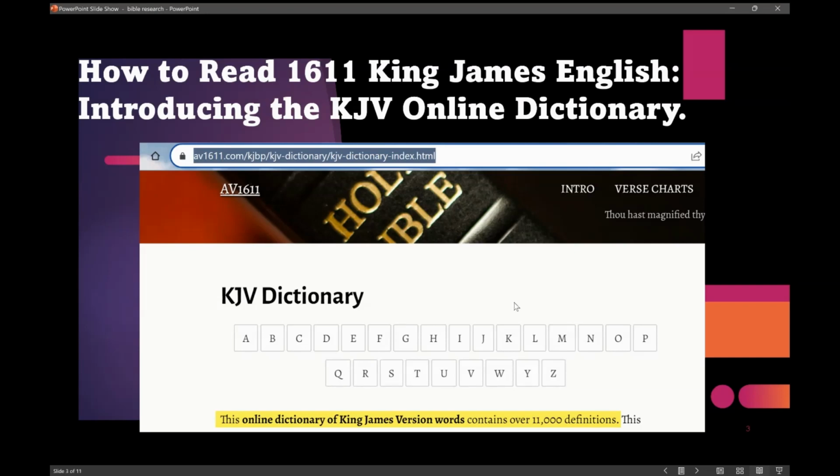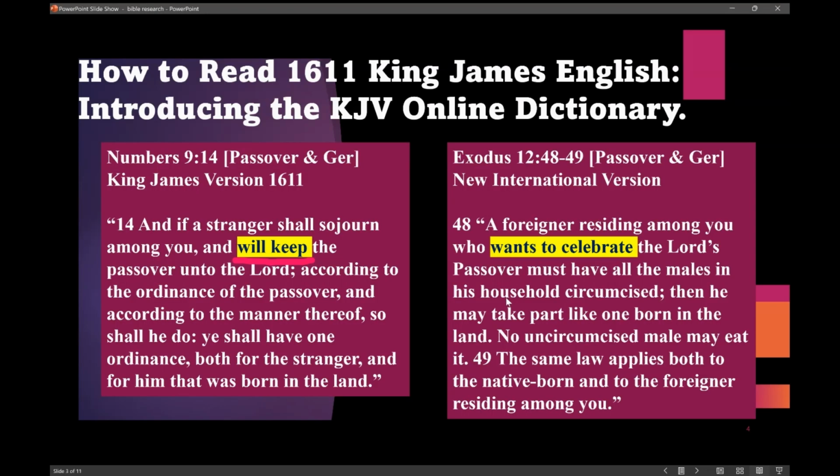Our modern English may have changed meaning completely around. So I just want to show you the dispute we were having earlier: Numbers 9:14 versus Exodus 12, verses 48 to 49. If you look to the right, the Exodus 12 passage says, in more modern translations, a foreigner residing among you who wants to celebrate the Lord's Passover must have all the males in his household circumcised.